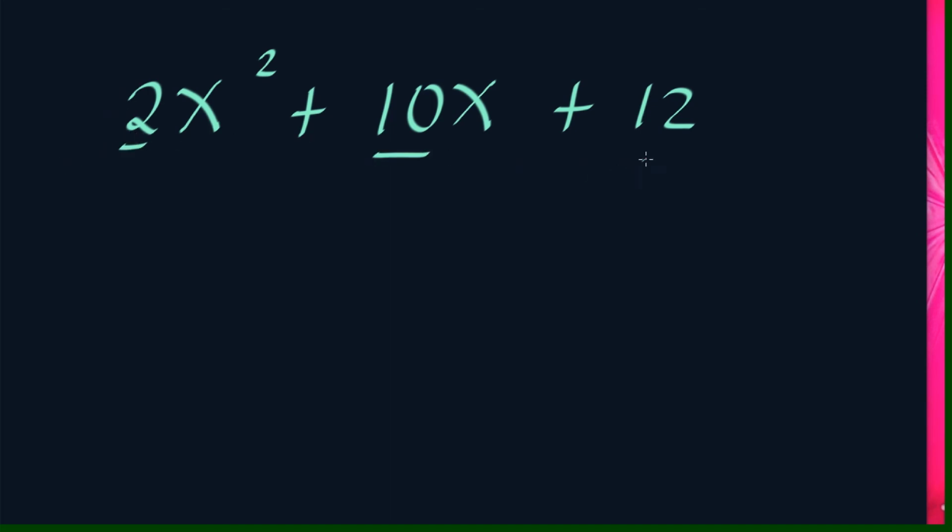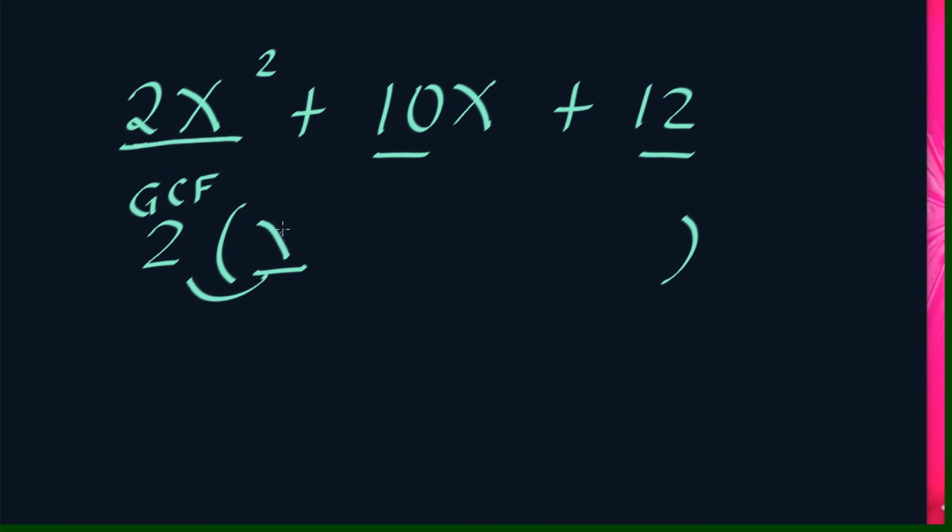Like for 2, 10, and 12, there's a GCF 2. Okay, so start doing the GCF first, because if you do the GCF first, then the next step of factoring will be easier. Okay, so what number times 2 equals 2x squared?